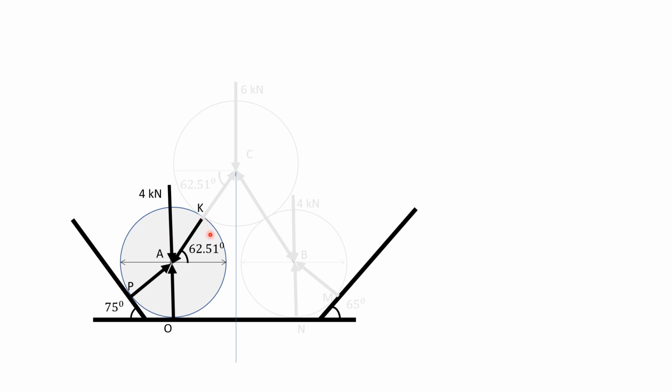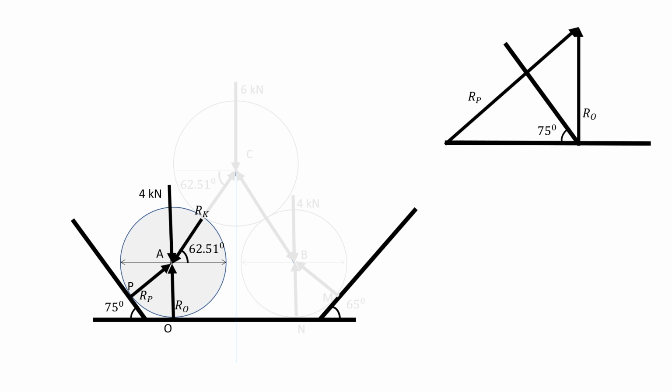Now here there are four forces, so we cannot apply Lami's theorem. Applying equilibrium conditions, we need these angles.